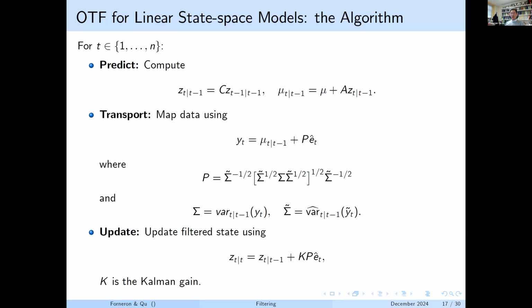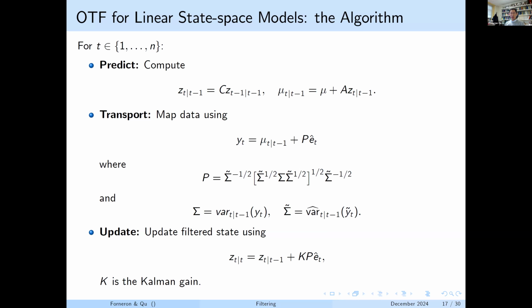So in a way, we can think of this optimal transport filter as an adjustment to the standard Kalman filter, in which this P matrix brings in a component that accounts for the mismatch between the data and the model, such that we can recover model consistency. If it turns out the model is well specified, so that there's no misspecification, the P matrix will reduce to an identity matrix asymptotically.